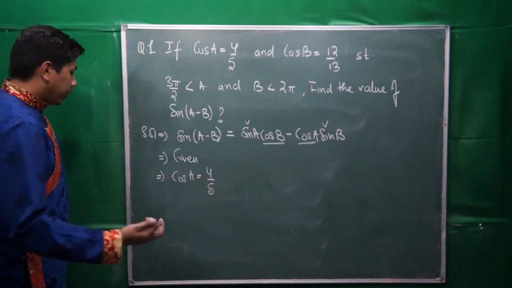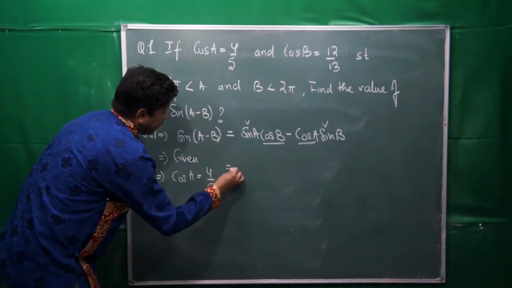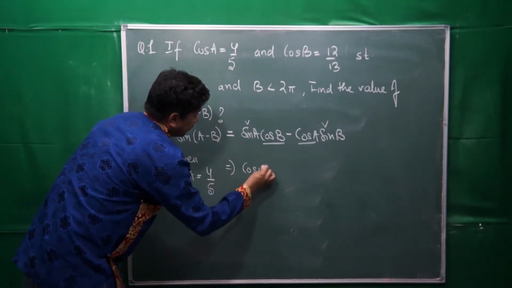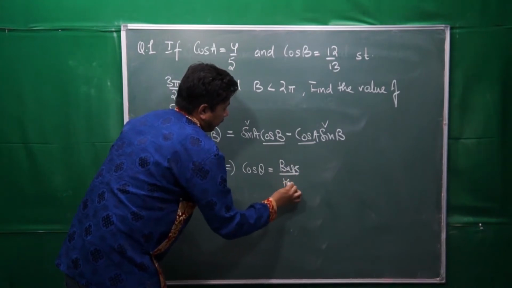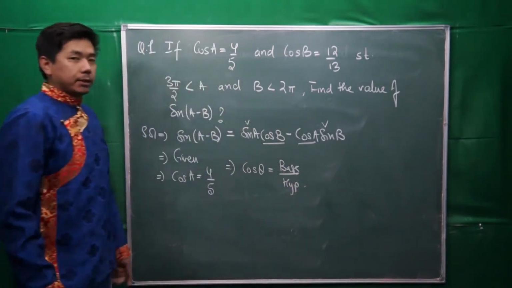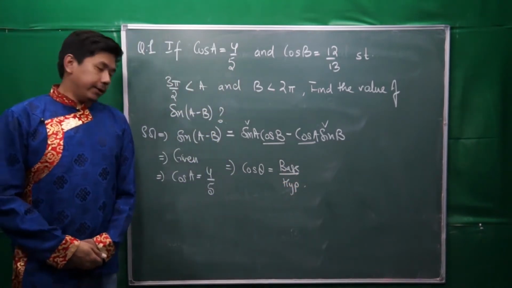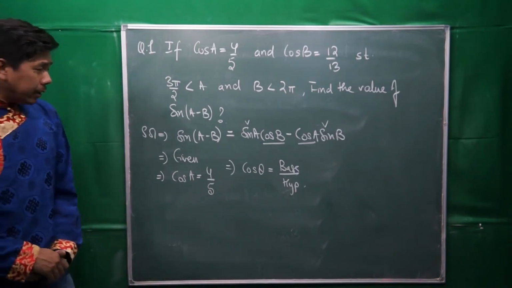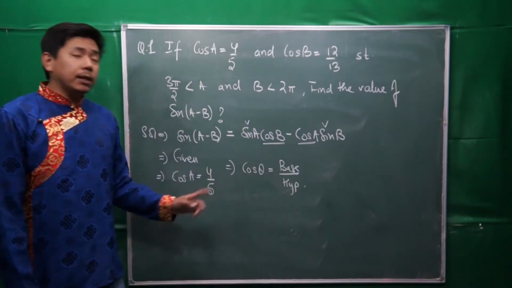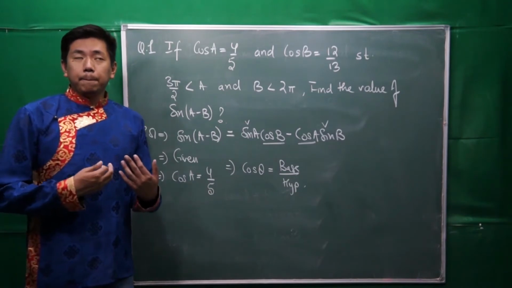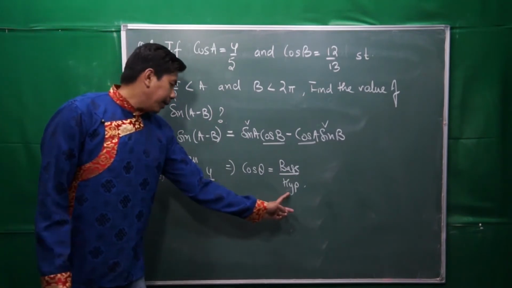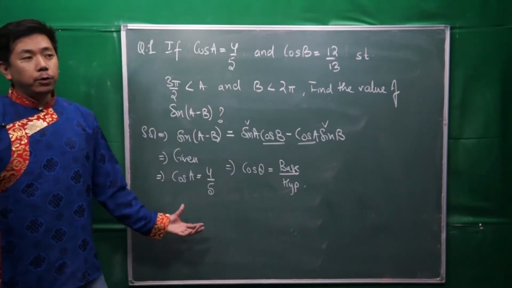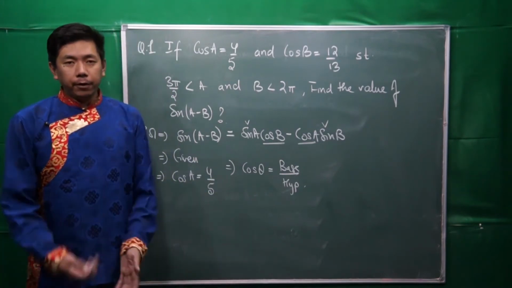Accordingly, if you remember, we have base upon hypotenuse as cos theta. So we can easily compare that the base is a multiple of 4, and similarly the hypotenuse has a length that is a multiple of 5.